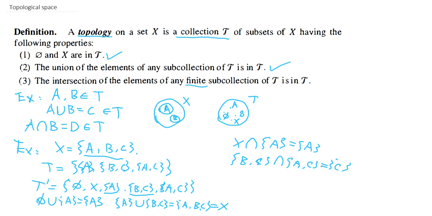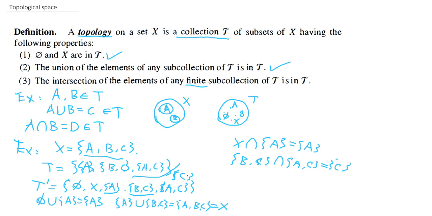So what we can do is put this element in T prime. Put it here. So now we have a new element, and the intersection of those two subsets is inside T prime now. And how about other intersections?